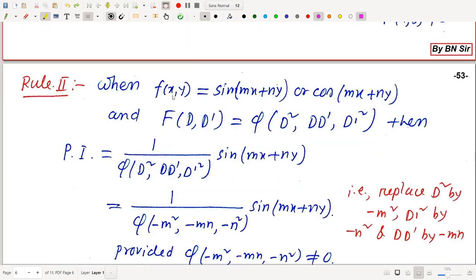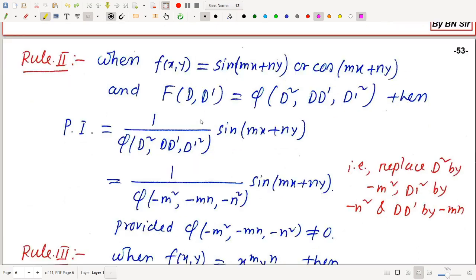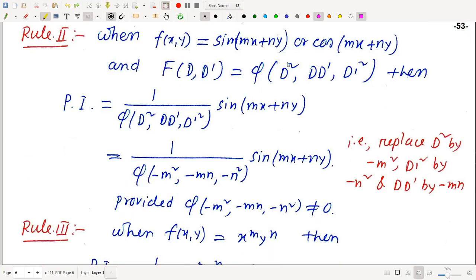Rule number 2. When f of x y is sine of mx plus ny or cos of mx plus ny, and f of D comma D dash is phi of D square comma D D dash comma D dash square, meaning a function of even, second power terms. D square is second power, D D dash is also a second degree term, D dash square is a second degree term.